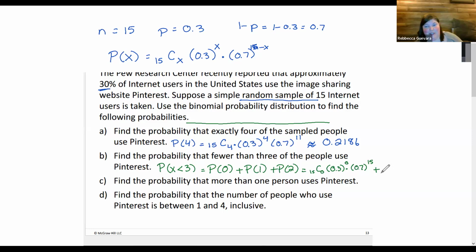We could add it all together like this. 15 choose 1, then I have 0.3 to the power of 1, and then I have 0.7, my fails. If I have 1 success, I have 14 fails. Plus 15 choose 2, 0.3 is my probability of success. I have 2 successes. 0.7 is my fails. If I have 2 successes, that means I'd have 13 fails.